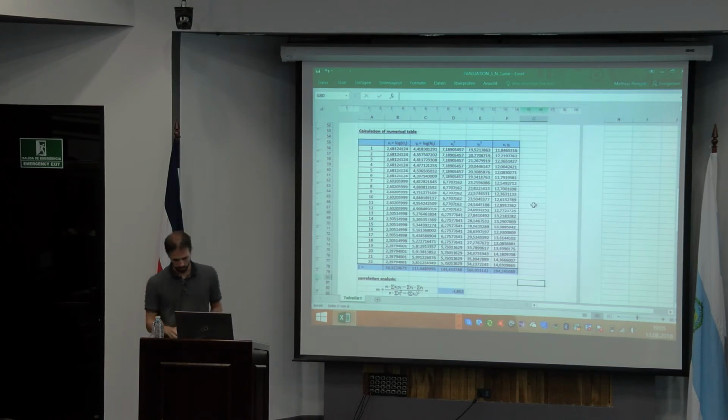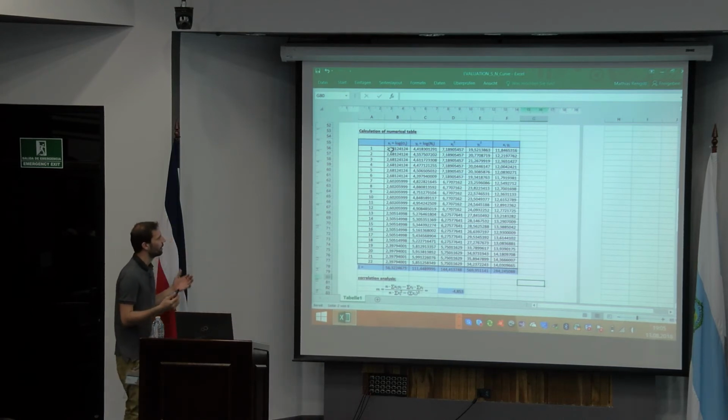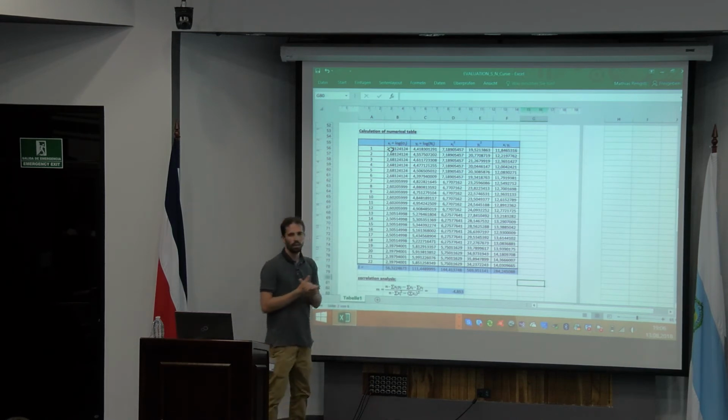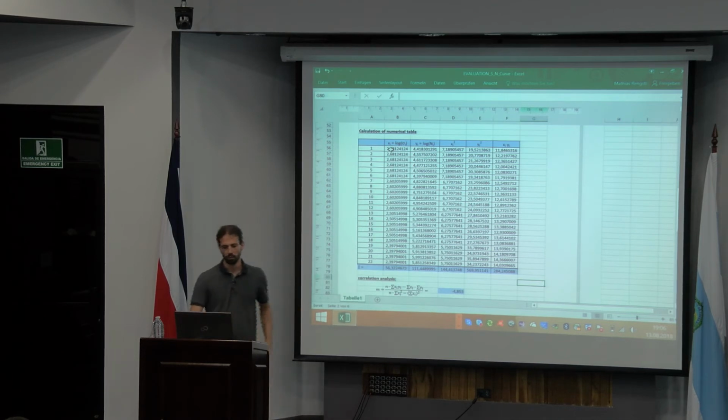As you can see here, we calculate the xy, which is just the log of the delta sigma. Then the yy is the log of our number of cycles.